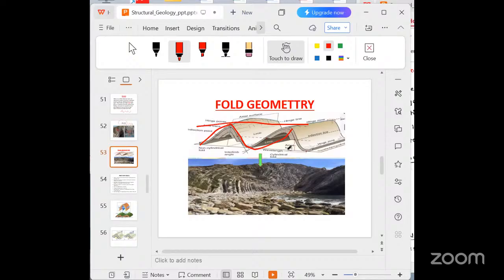The wavelength of a fold is the minimum distance between two successive points of the same phase. It can also be defined as the distance between two alternating inflection points, right? You see this is the picture of fold geometry, right?